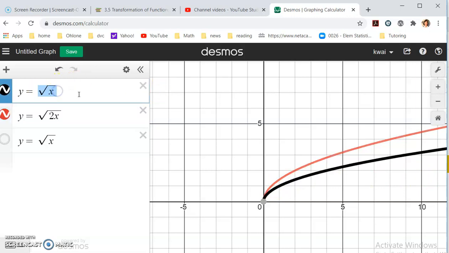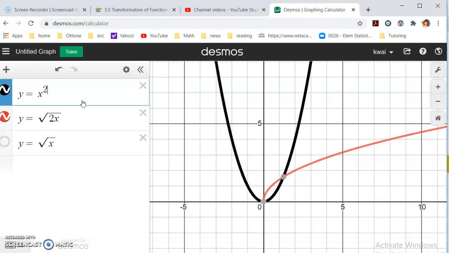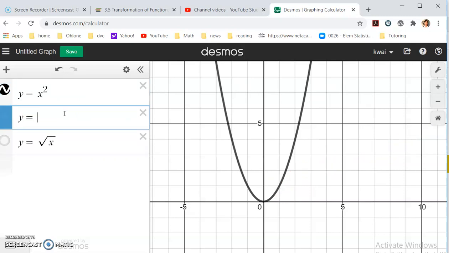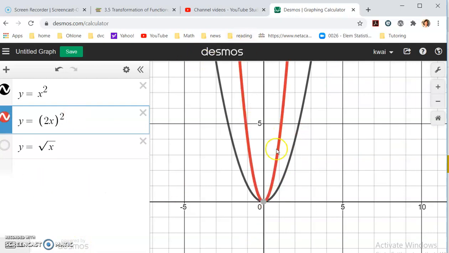We can also illustrate it with x squared. If I do x squared with 2x inside, and then square, the black one is the original x squared, and this seems to be taller.